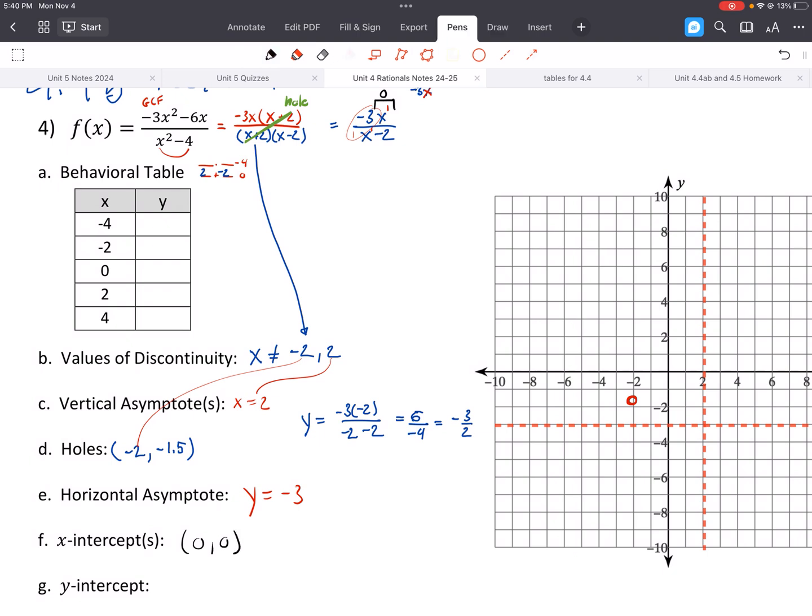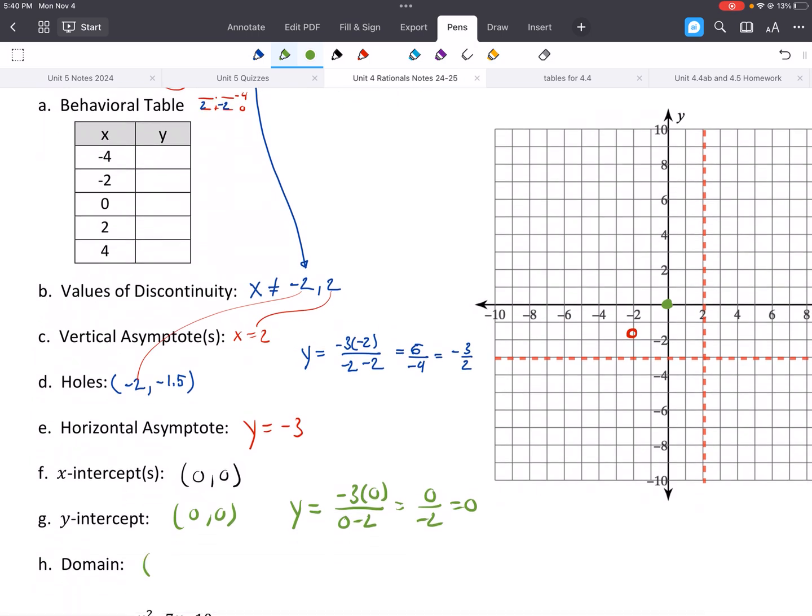So we could plot that. Again, the y-intercept is also (0, 0). If the x-intercept is (0, 0), then the y has to be 0. But if you're not sure, you could always plug in 0 for x. Negative 3 times 0 over 0 minus 2. You'd get 0 over negative 2, which is just 0.